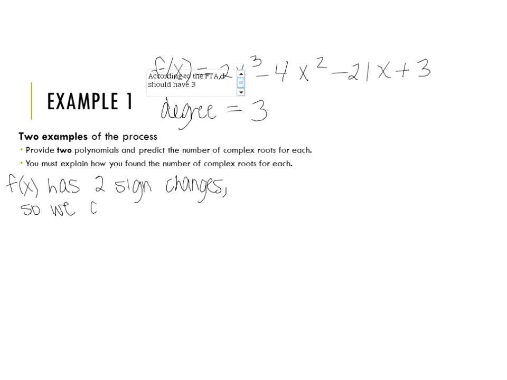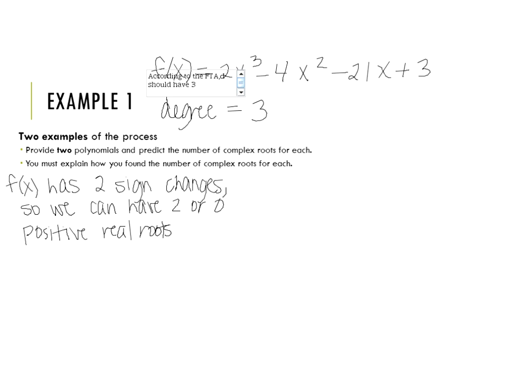So we can have how many positive real roots? If we have 2 sign changes in f of x, how many positive real roots can we have? Perfect. You guys are awesome. 2 or 0.